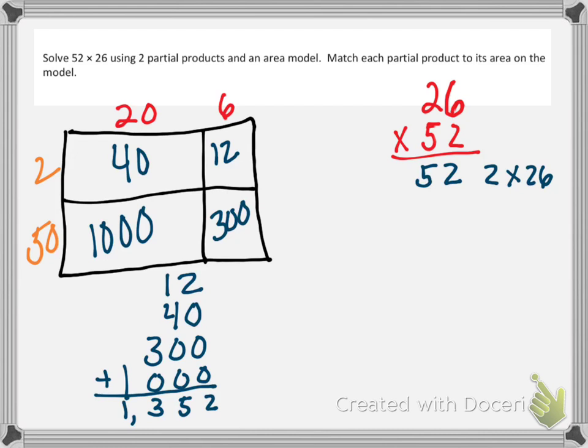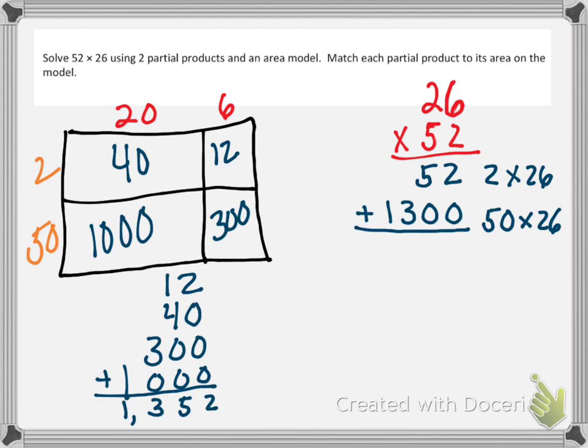And then we did 5 tens, which was 50, times 26, and we get 1,300. And please make sure that we're lining up our places.